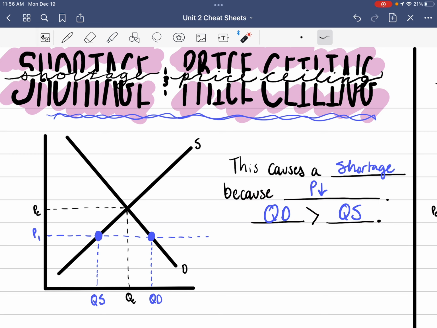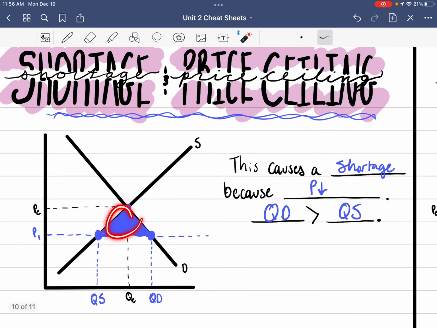So here's our equilibrium point where we should be, but our 2 disequilibrium points are already shown on the graph. Then we color in, and the coloring is the best part in my opinion, that portion of the graph is the shortage.